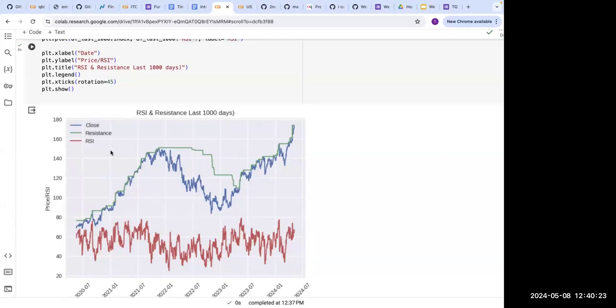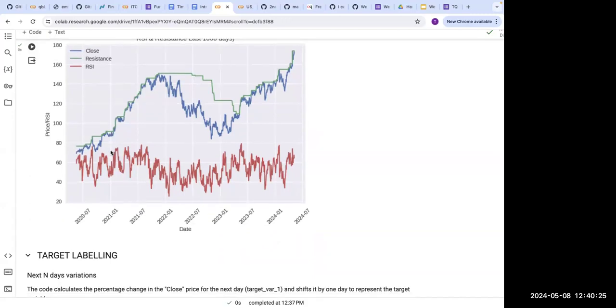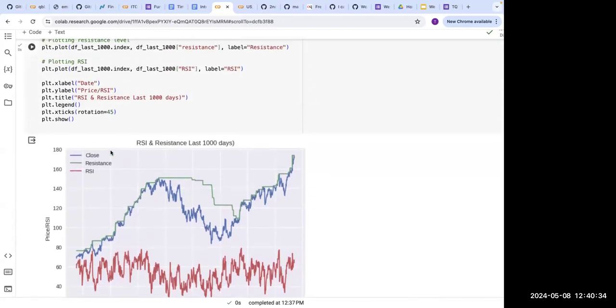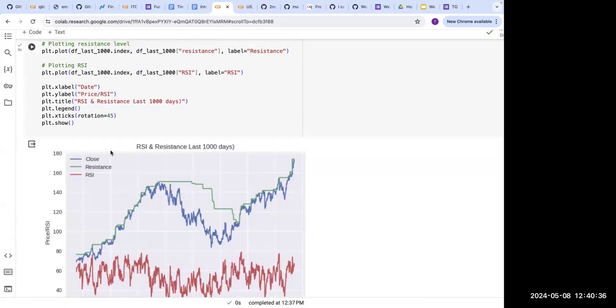If you see a doji, let's say I can create a condition. If I see a doji and it's an engulfing pattern or something like that, I would buy it.